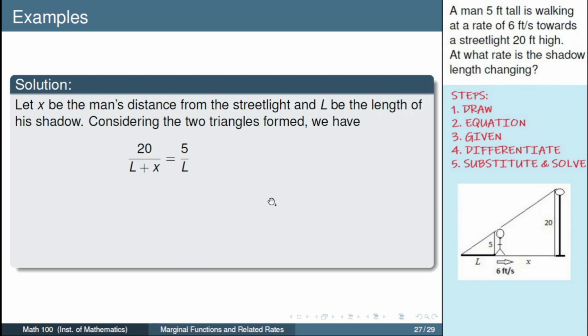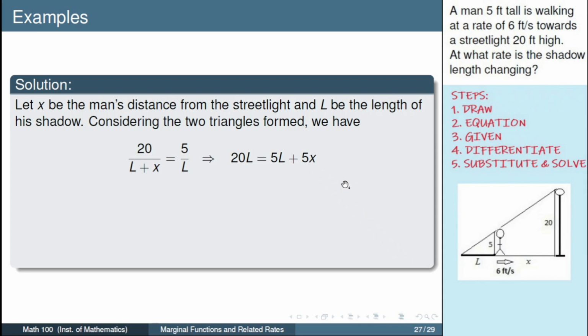Now, you can leave the equation as is. But if you can simplify your equation, then that would be better so it's easier for us to differentiate. So, that's what we'll do. Let's simplify this first, so the denominators go away. What we can do is cross-multiply. We have 20L equals 5L plus 5X.